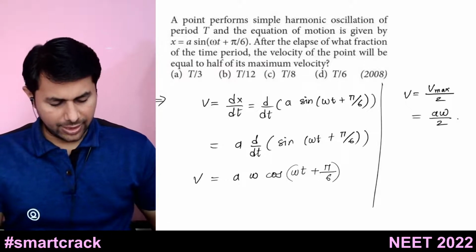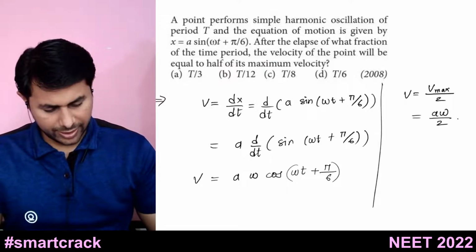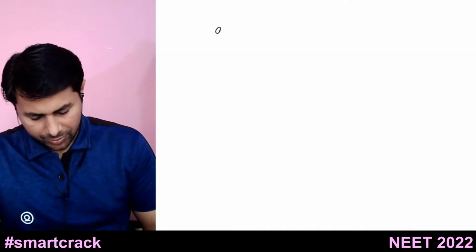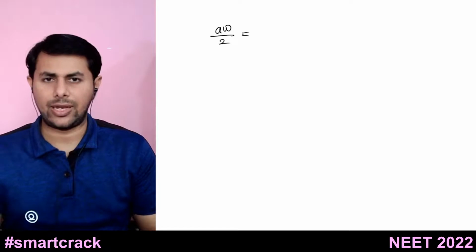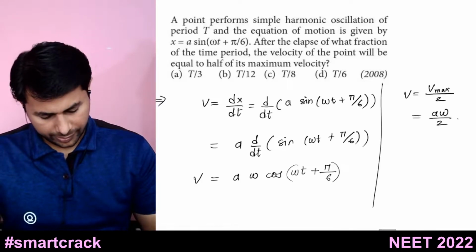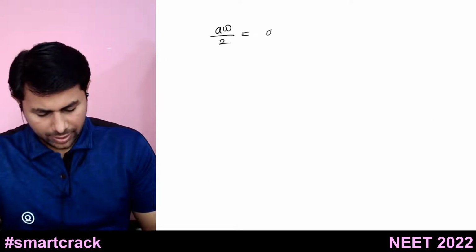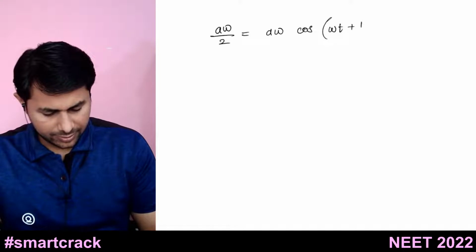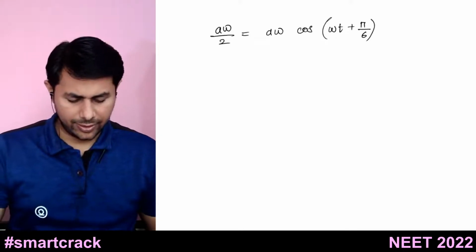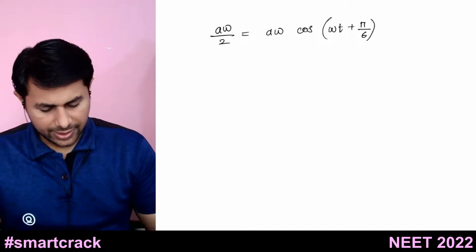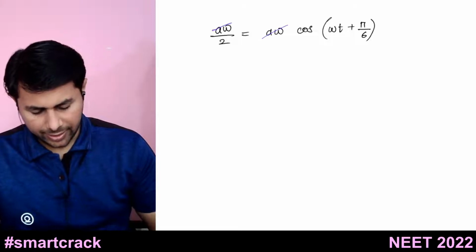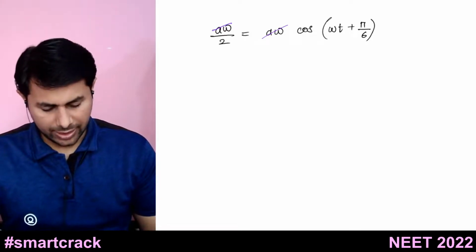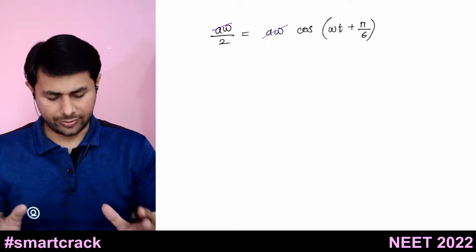Let's substitute that over here. So we get A omega upon 2, which is the value of v, equal to A omega into cos of omega t plus pi by 6. A omega and A omega get cancelled out, and we are left with cos of omega t plus pi by 6 equal to half.